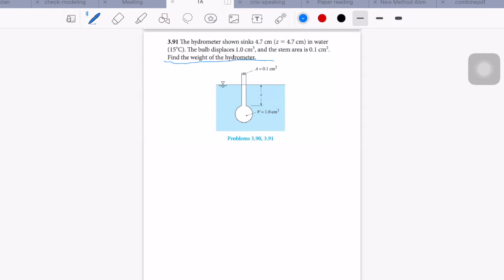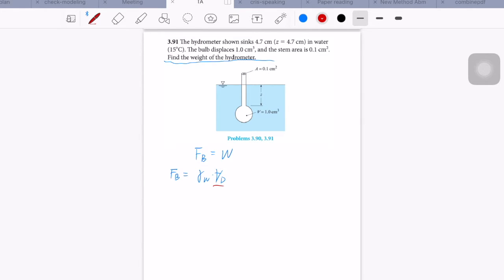Since this is a stable system, the buoyant force FB should be equal to the weight of the hydrometer. And we also know the FB should be equal to the gamma water times the displaced volume D. The volume D is the part of the body volume that's submerged.